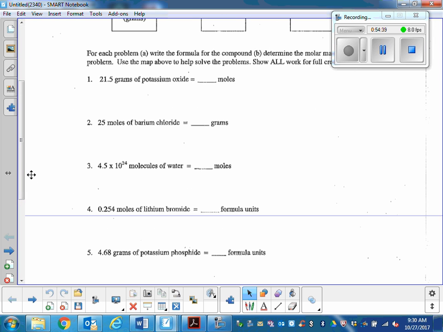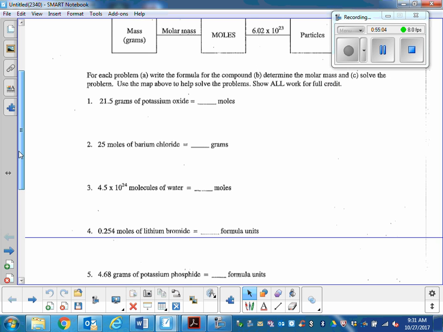So we have done mole problems before. Do you remember that? We did it for elements. Now we're doing it for compounds. Remember, the monkey in the middle is always the mole.